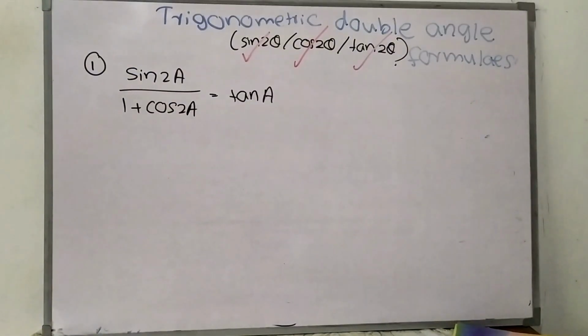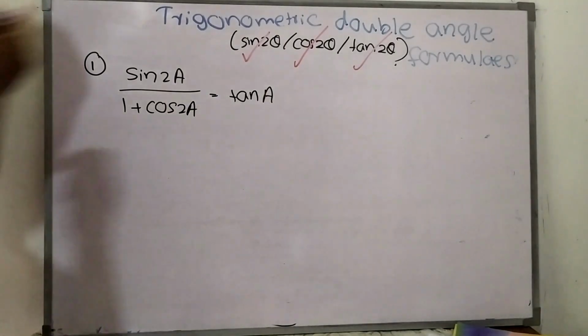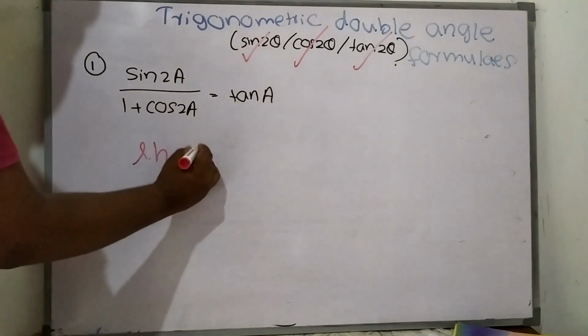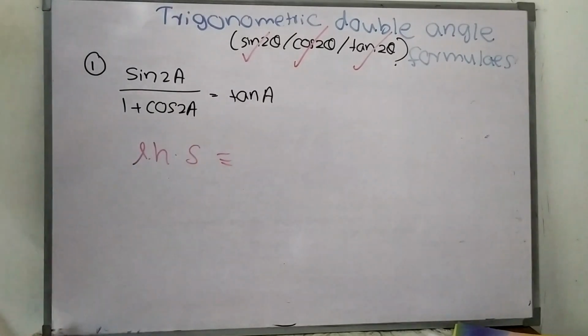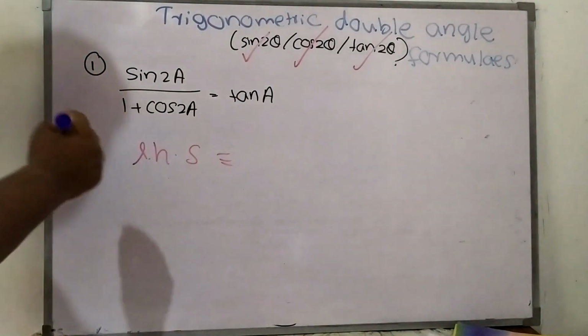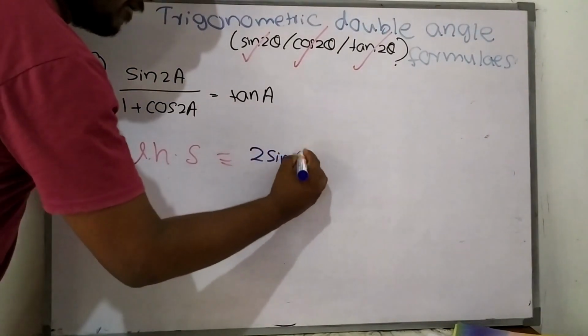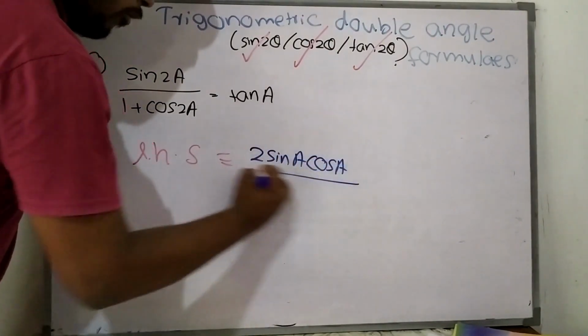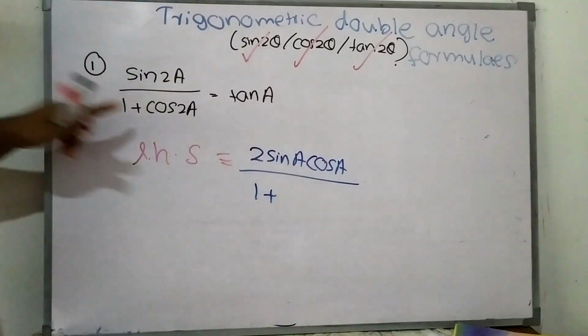Okay children, let's move to an example. You have to prove this. I'm starting from the left hand side. So how to simplify it? sin 2A is 2 sin A cos A, over 1 plus cos 2A. So what is cos 2A?